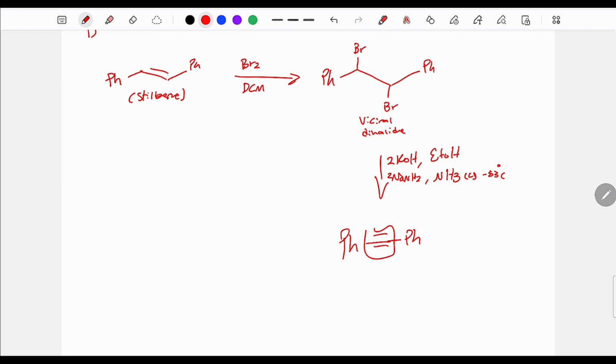So this is my acetylene, and this is one phenyl, two phenyl, so diphenylacetylene.